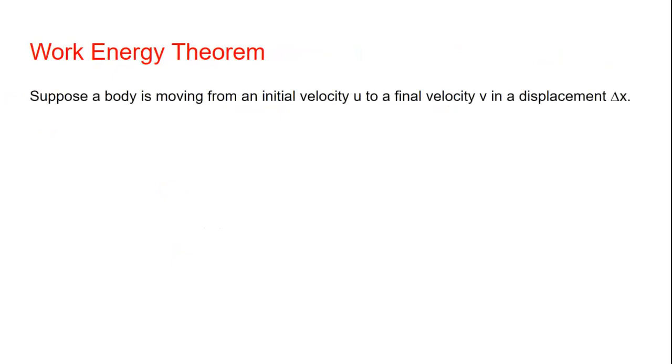So suppose a body is moving from an initial velocity u to a final velocity v along a displacement delta x. We use the kinetic energy to represent that, where you have v squared equals u squared plus 2a delta x. That's our equation 1. What we can do is multiply both sides of equation 1 by mass m.